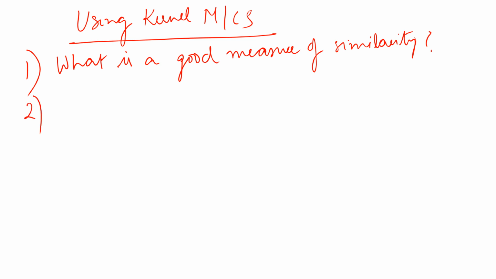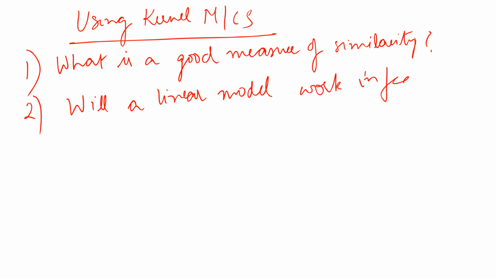And then the second question when designing our kernel machines is: will a linear model work in the feature transformed space? That's the next question we should be asking ourselves, because if we think about all of the problems that we've looked at, they essentially come down to a linear model.